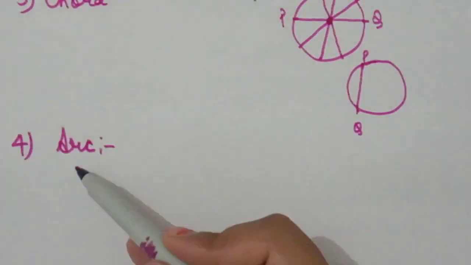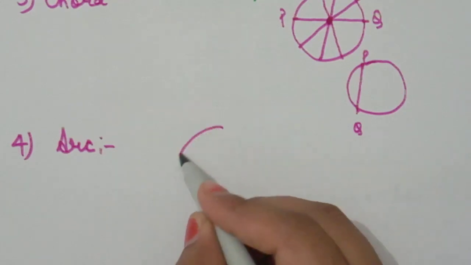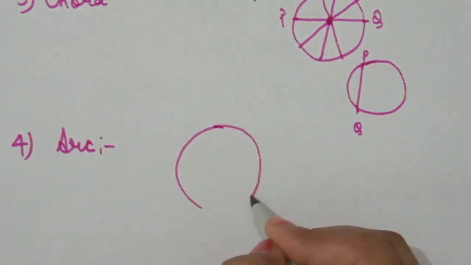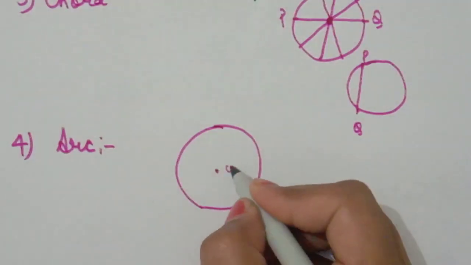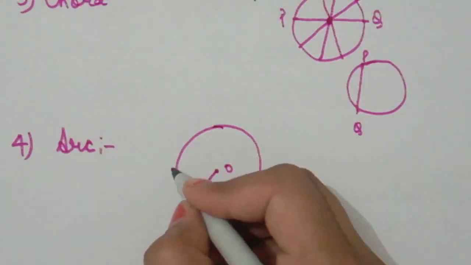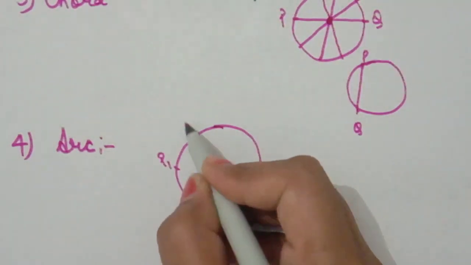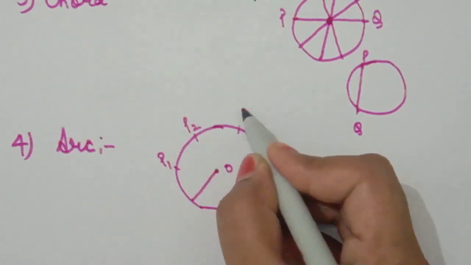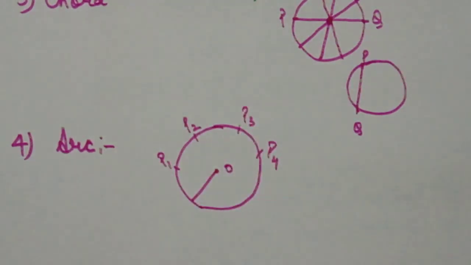Next definition is arc. What is an arc? So students, when we have a circle and this is the center of the circle, this is the radius. If we have some points on the circumference of the circle, P1, P2, P3, P4, a continuous piece of a circle is called an arc of the circle.